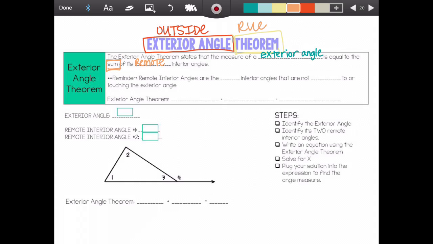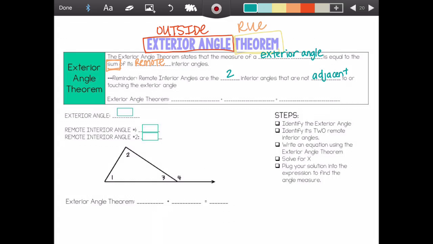Okay? Then it says, remember that remote interior angles are the two interior angles that are not adjacent or touching the exterior angle.